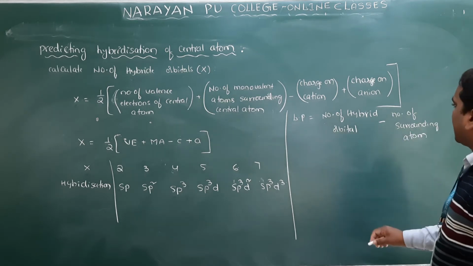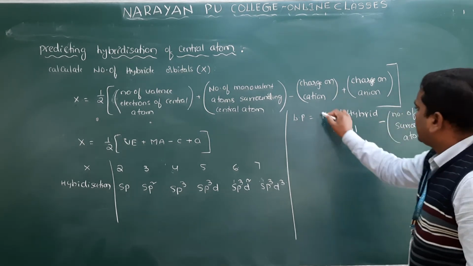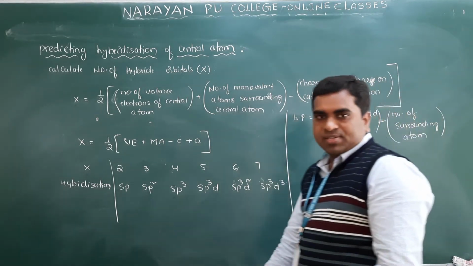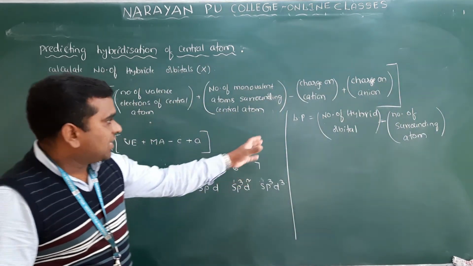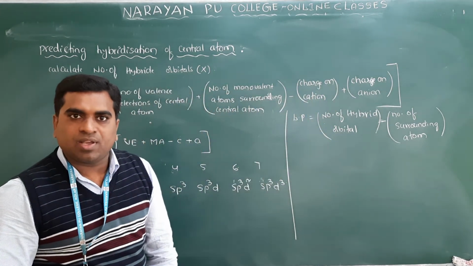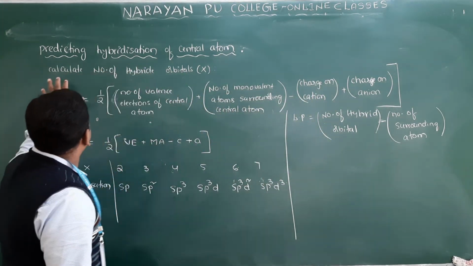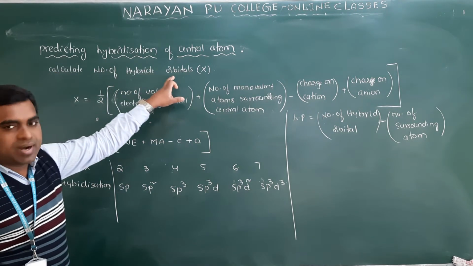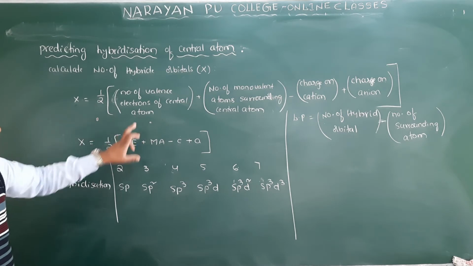This gives the number of lone pairs. We will calculate all these things, then we will get clarity. So this is how to predict the hybridization: first we have to calculate the number of hybrid orbitals by using this formula.